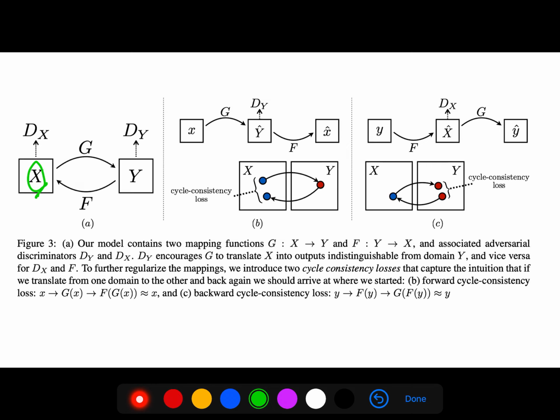So our model contains two mappings, and their associated adversarial discriminators D sub Y and D sub X.